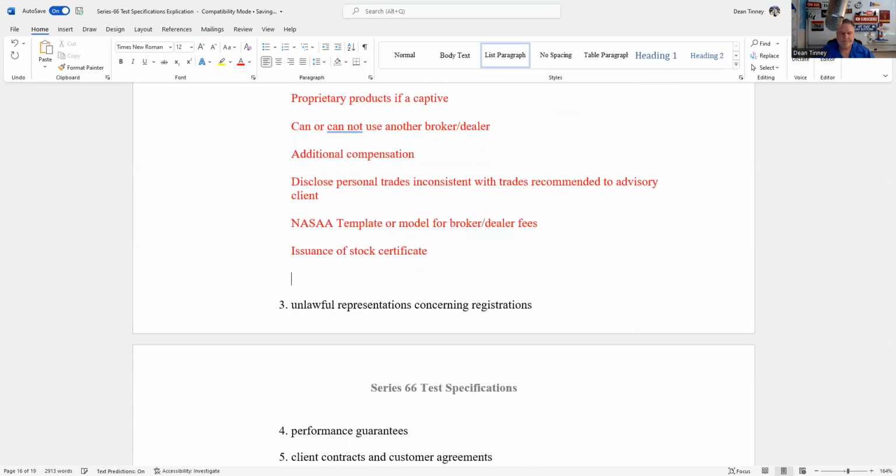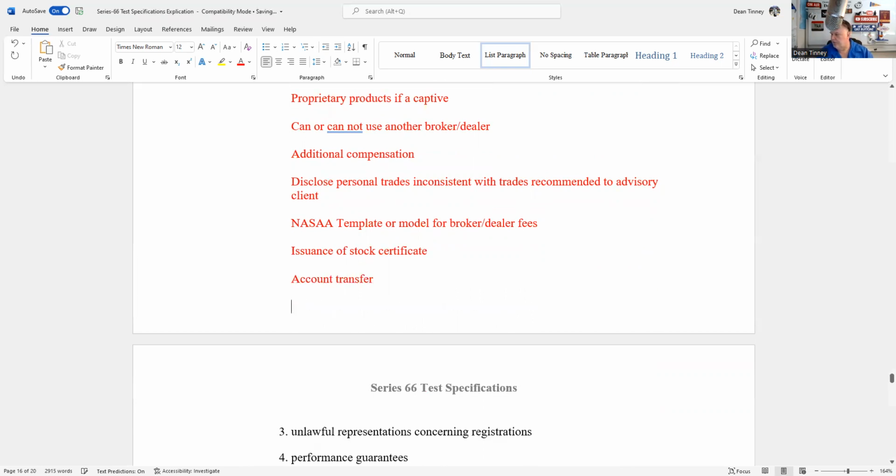We might charge an account transfer fee. If you want to leave us and go somewhere else, we might charge for that. A fee for wiring of funds. We might charge you too.